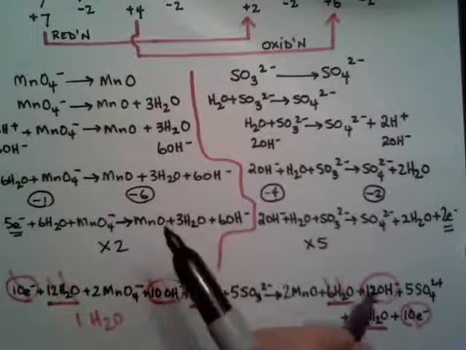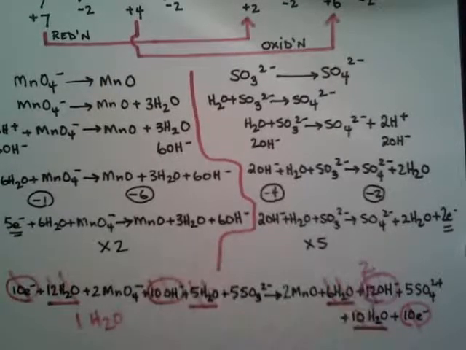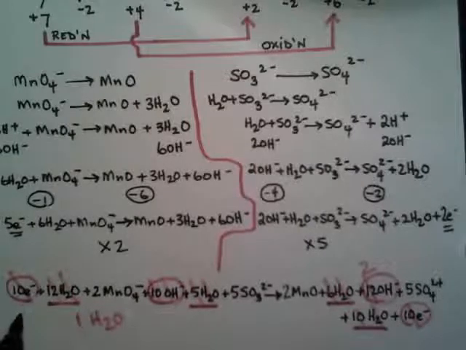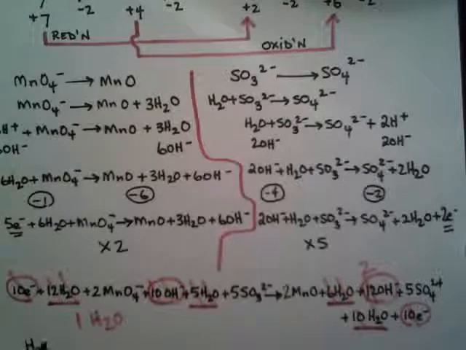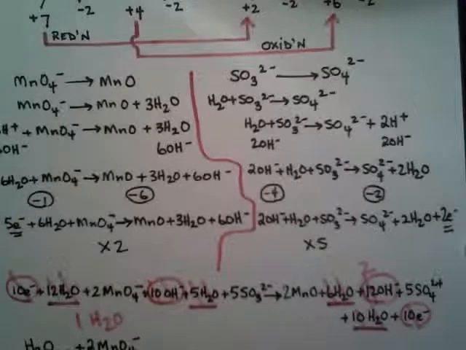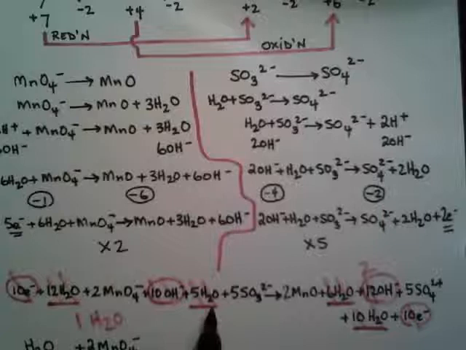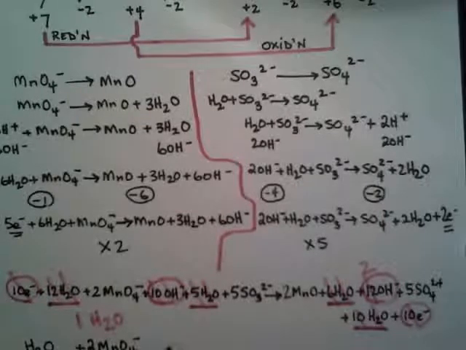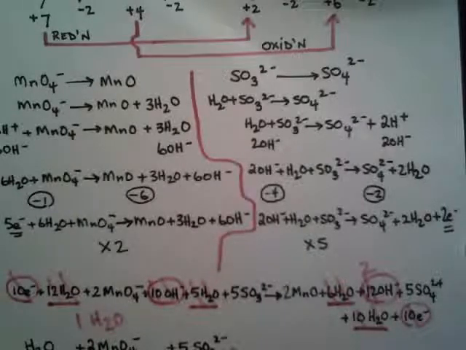So those will cancel. That'll go out with just the 2 left. Okay, let's be careful. So the 10 electrons are gone, I was left with 1 water, so that's H2O, liquid, plus 2 MnO4-, aqueous. Those 10 hydroxides are left, right? And the water is taken care of, so now I'm adding 5 SO3 2-, aqueous.